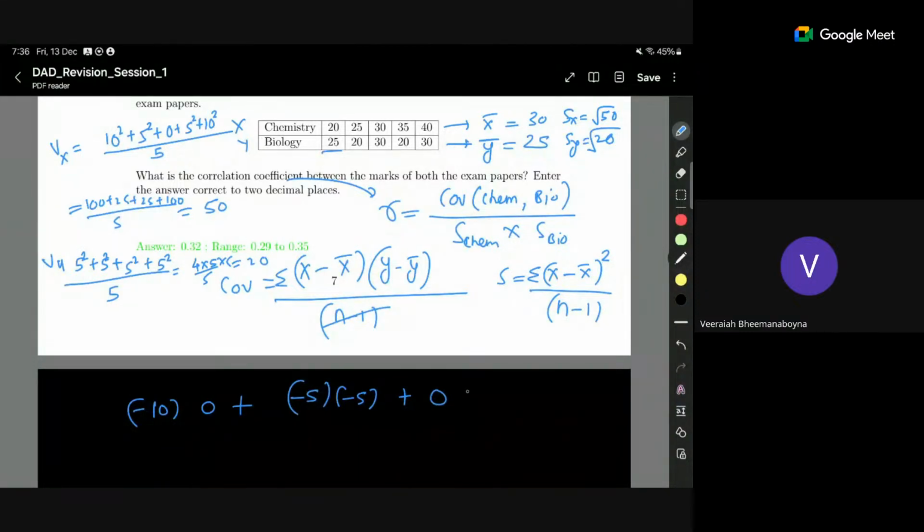So anything multiplied will also become 0, so no need to write. Then 35 minus 30 is plus 5 into minus 5. Then I'll have plus 10 and I think plus 5.